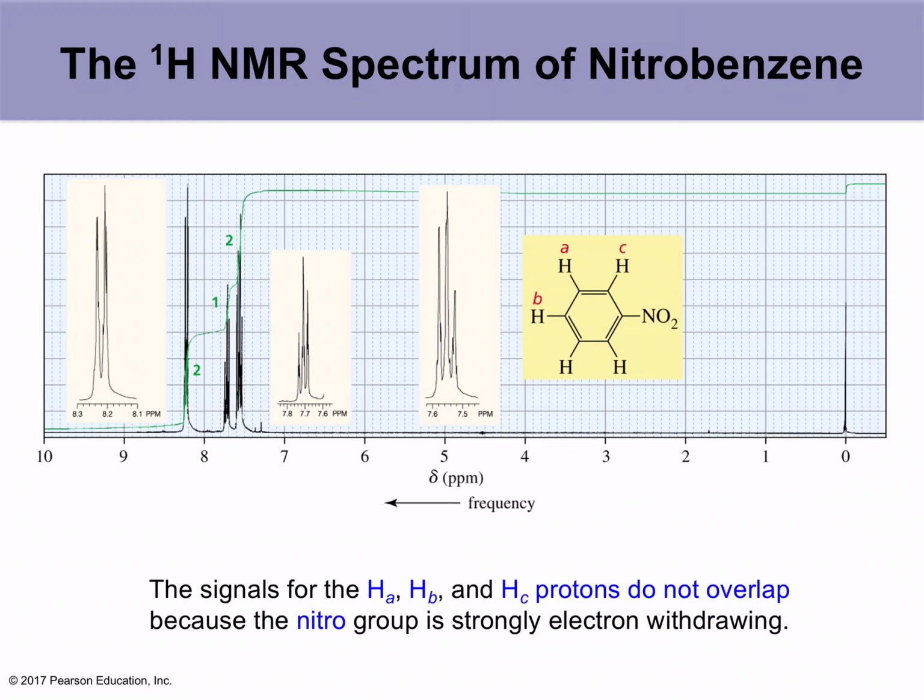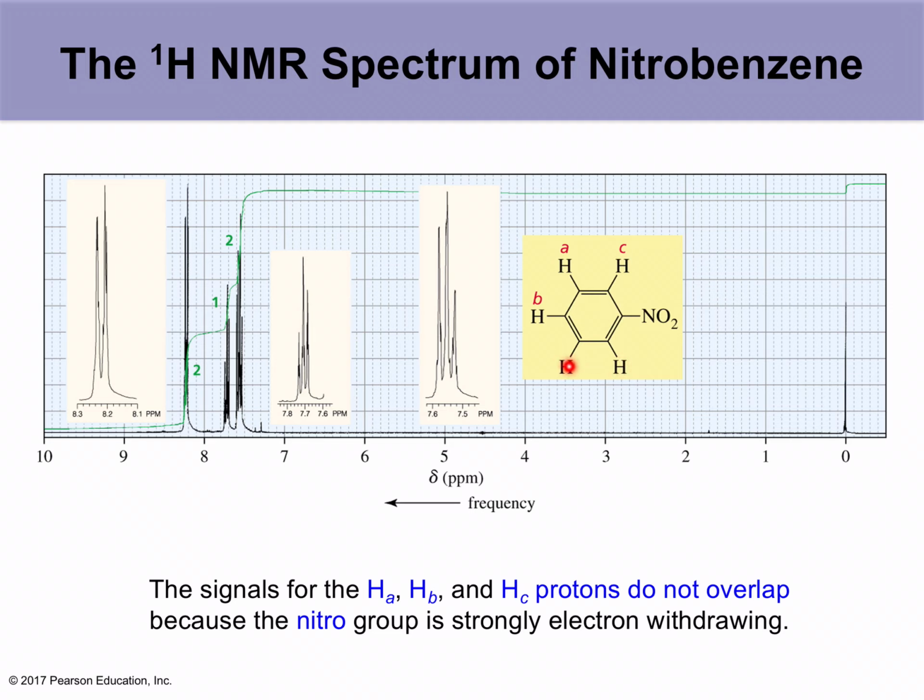And this is nitrobenzene. Earlier it was ethyl benzene, now it is nitrobenzene. Nitro is an electron withdrawing group, and due to that it can create electron density difference between the A, B, C hydrogens on the benzene ring. Now there are going to be 3 regions. These 2 are going to be the same environment.